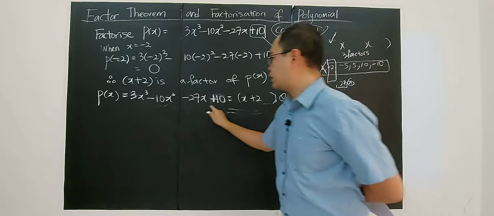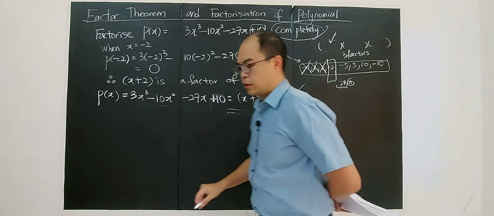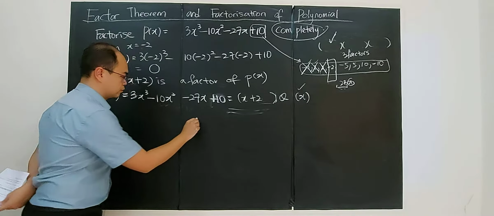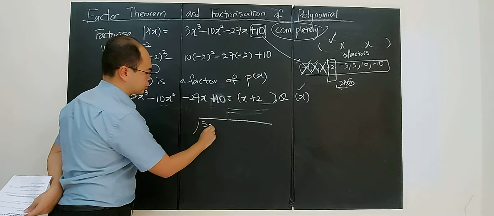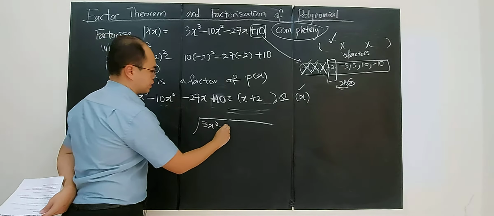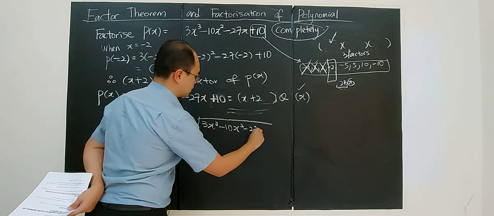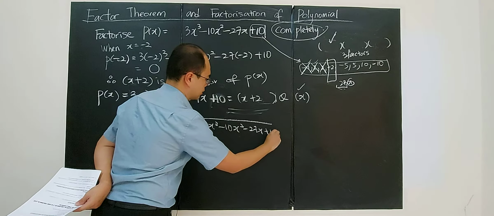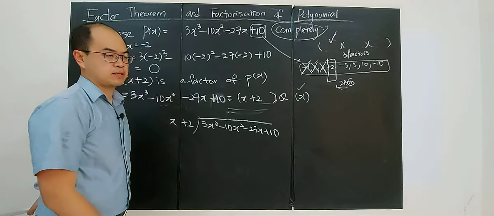First, you take this polynomial divided by x plus 2, which means you apply long division. So 3x cubed minus 10x squared minus 27x plus 10 divided by x plus 2, right? x plus 2.